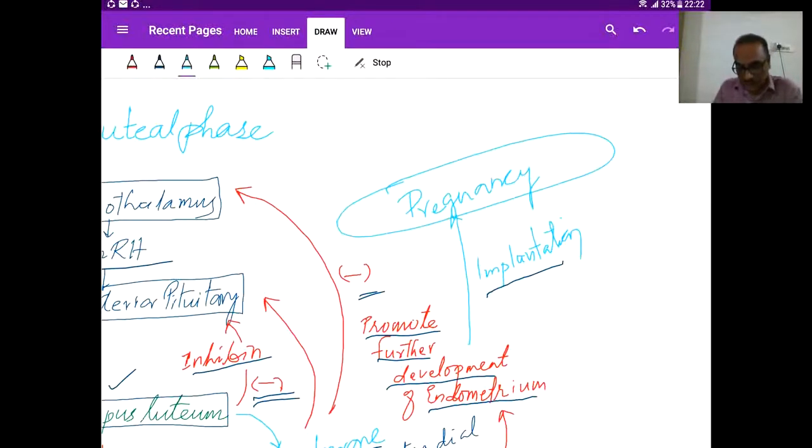Okay, and that is what we see: during pregnancy the higher levels of progesterone and also the estradiol are maintained, but compared to the progesterone, estradiol will be less, estrogens will be lesser than the progesterone, and those low levels of the estrogen are important to further strengthen the endometrium for supporting the growing embryo.